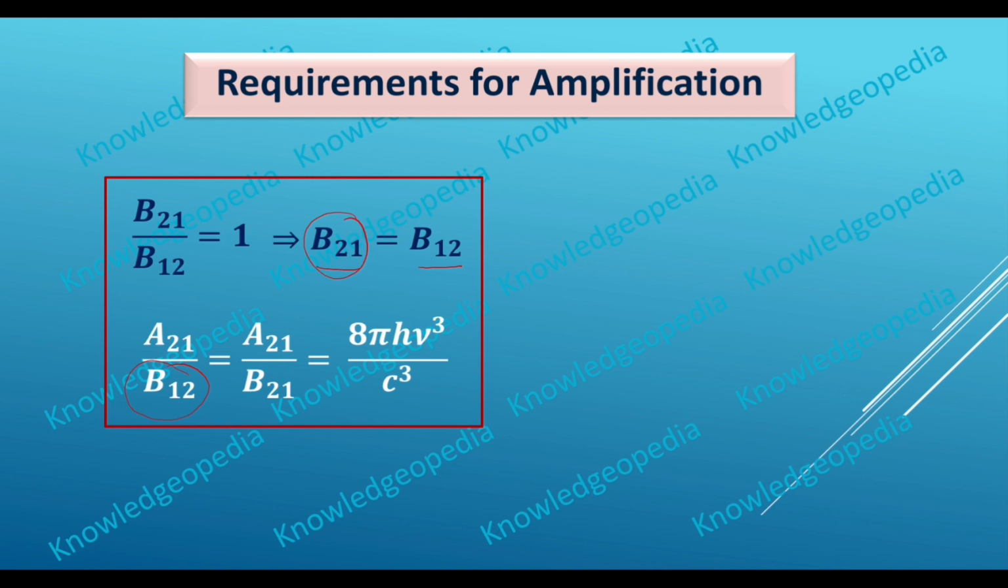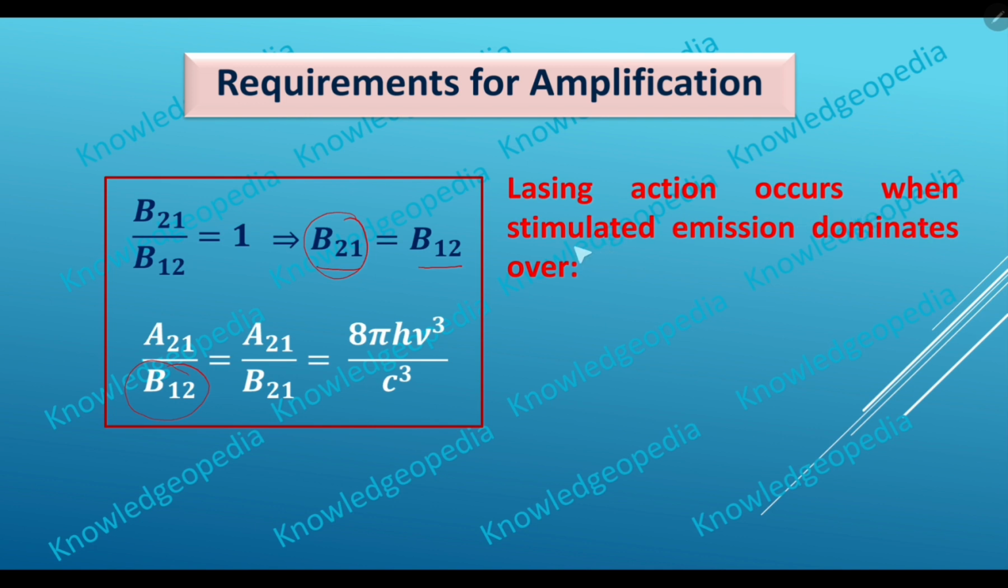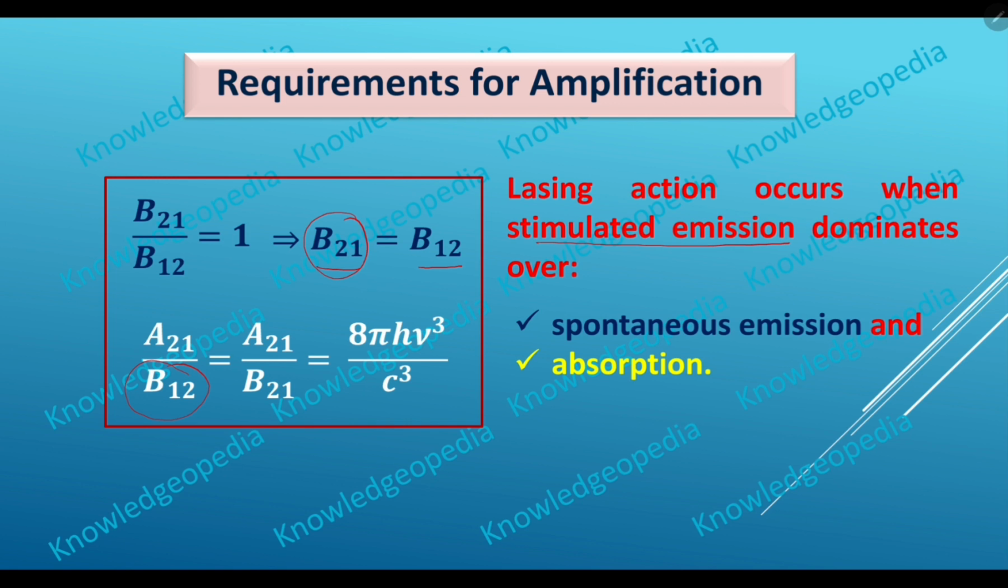Now coming to our discussion, we know that light amplification occurs whenever stimulated emission dominates over absorption and spontaneous emission. So the lasing action occurs when stimulated emission dominates over spontaneous emission and absorption. Now we will try to derive some conditions under which this will be satisfied, and we will derive those conditions from these equations developed by Einstein.